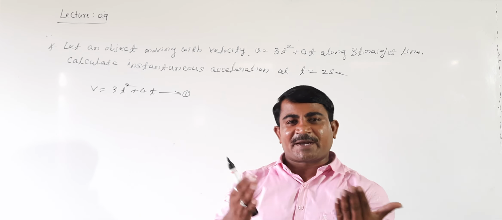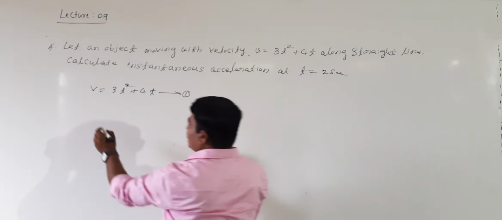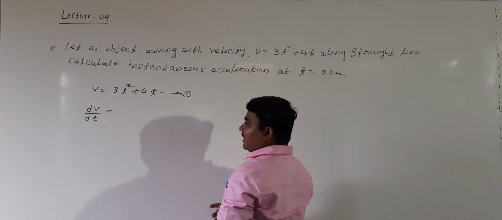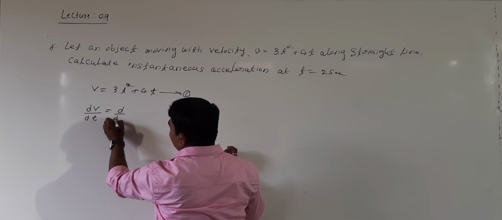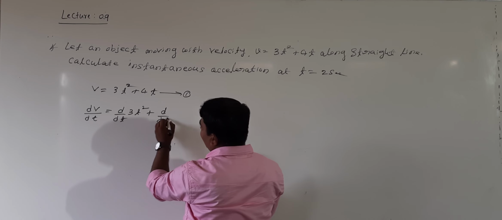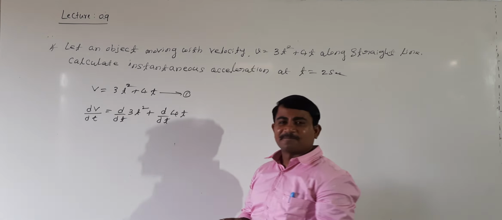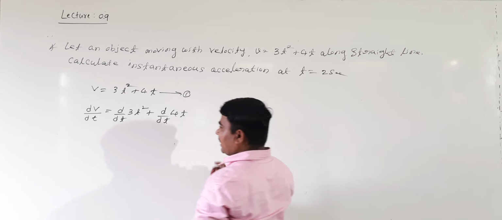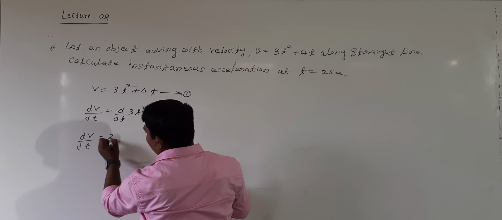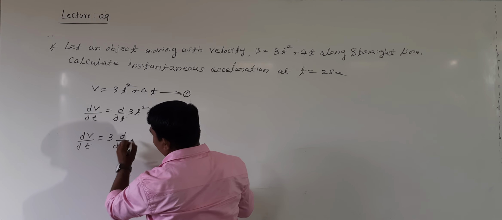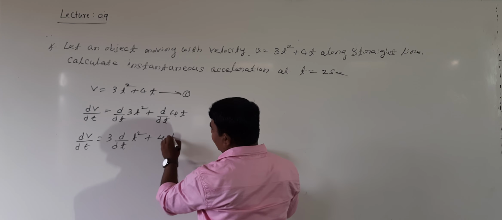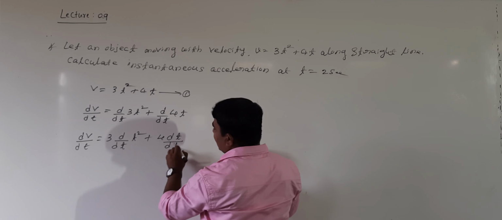Differentiate equation 1 with respect to time on both sides. That is dv divided by dt equals d by dt of 3t square plus d by dt of 4t. 3 is a constant, bring it outside: 3 d by dt of t square plus 4 into dt divided by dt.